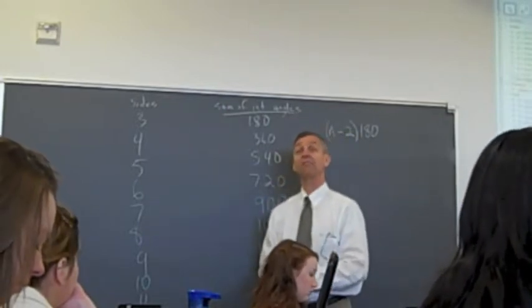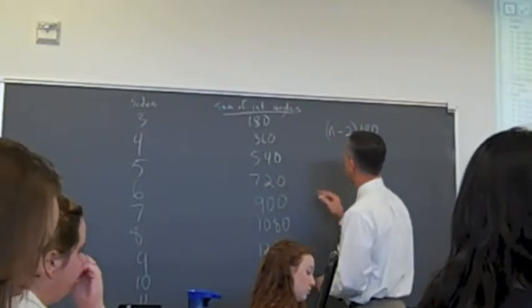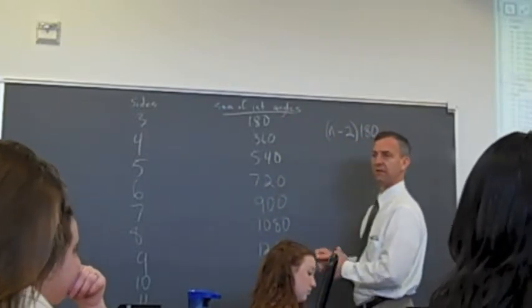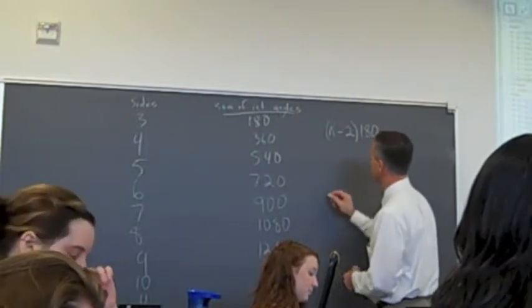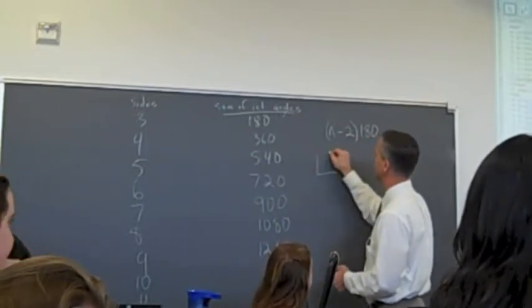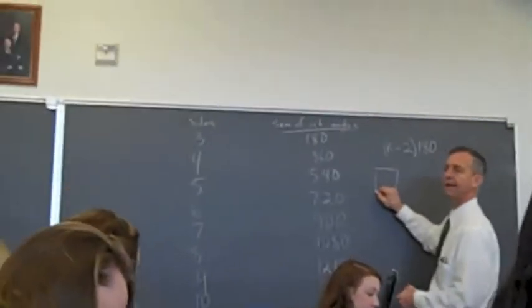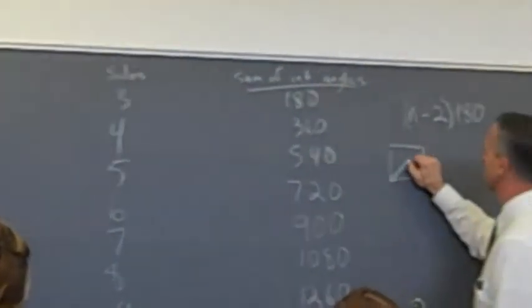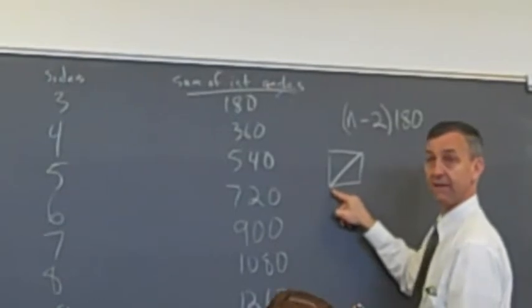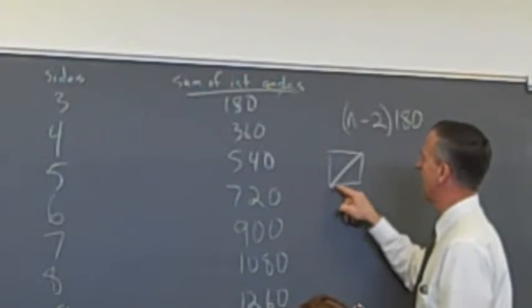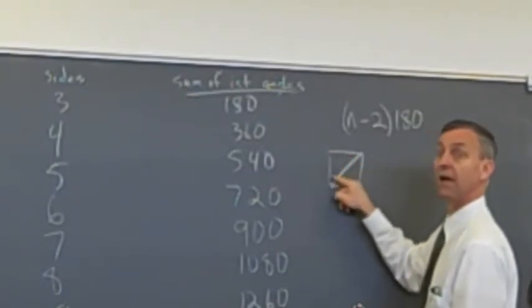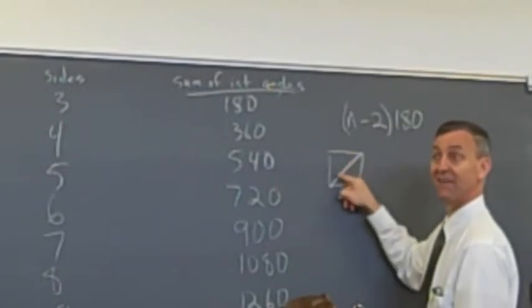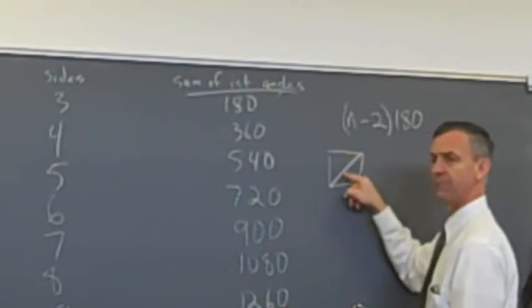Let's give you a visual illustration about how this might be the formula. Are you ready? In a 4-sided figure, if I draw in all the diagonals I can from one vertex, how many triangles were formed? 2. How much does this triangle have as the interior added up, all 3 angles? 180. How about this one?